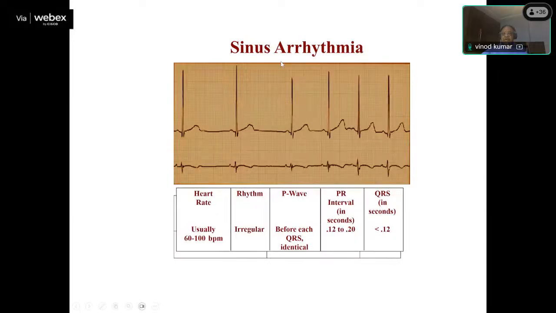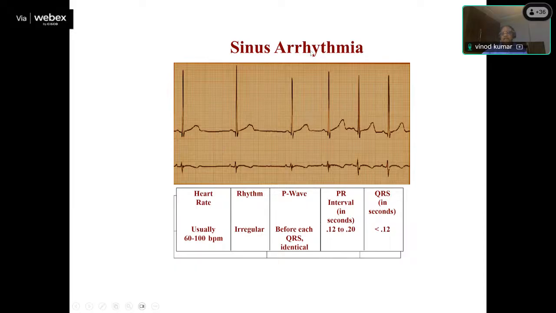Now, this is arrhythmia. As I was mentioning, if the heart rate is not within the limits. Usually heart rate is 60 to 100. In this case, heart rate becomes very low. And here heart rate becomes very high. So if rhythms are irregular, then it is a case of arrhythmia.